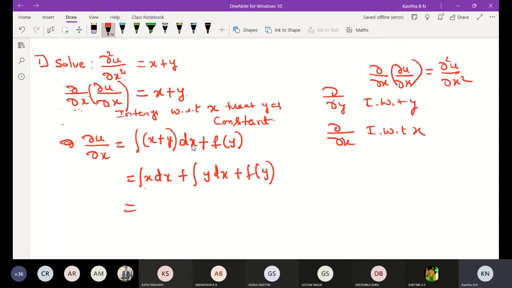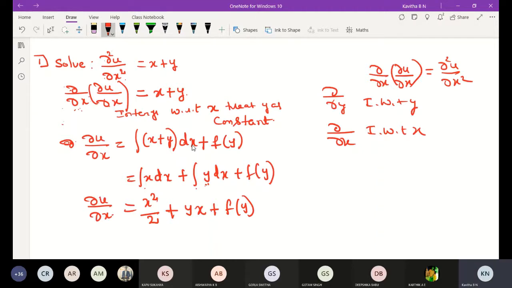Integration of x dx is x²/2, plus integration of y dx; y is constant, so integration of a constant gives xy.